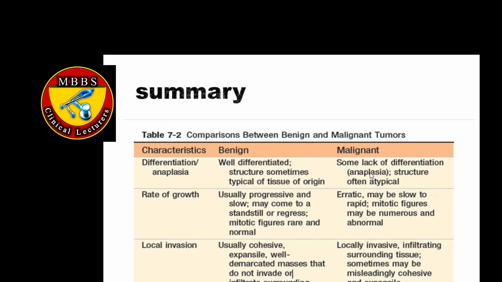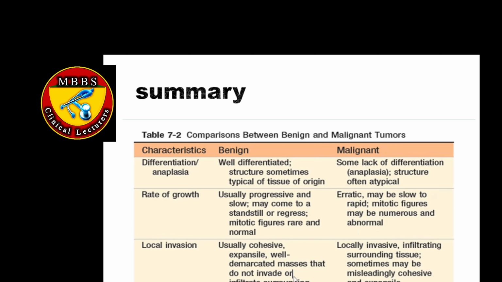Yes, we know what neoplasia is. It is dedifferentiation in the structure, shape, and size of the cell, and it is a hallmark of malignancy. Regarding rate of growth, we know that benign tumors progress slowly and mitotic figures are rare, while in malignancy you see a lot of mitotic figures, and it has a very rapid growth.